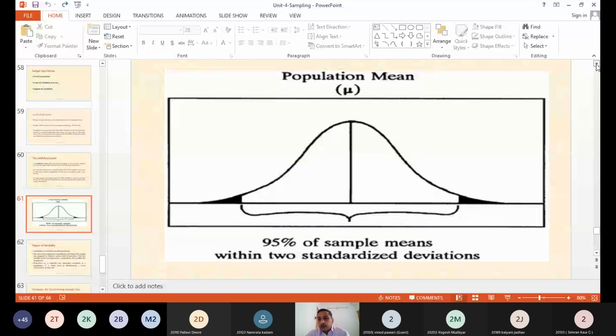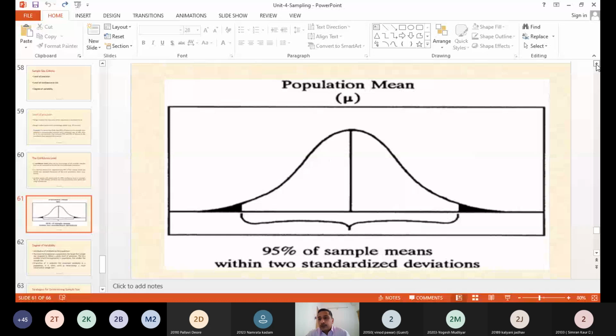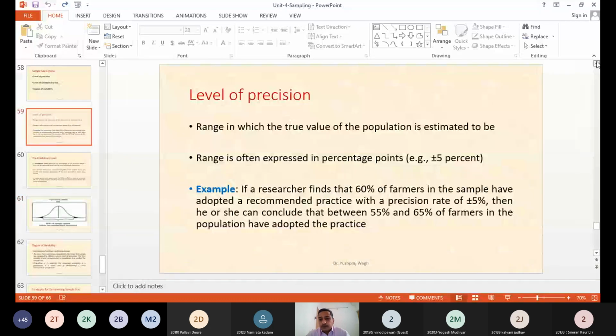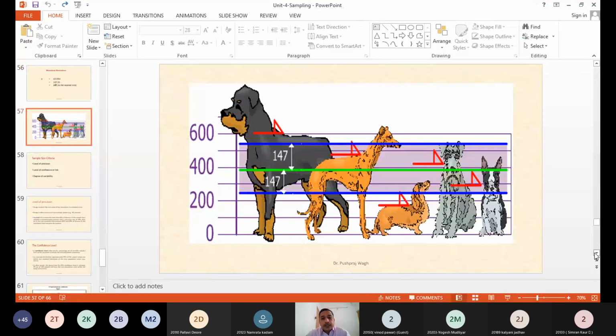We'll go back to the diagram we referred to some time back for standard deviation. If you remember, in this standard deviation of 147 on both sides, we saw that there are some extreme values, extra large or extra small values, which are called extreme.